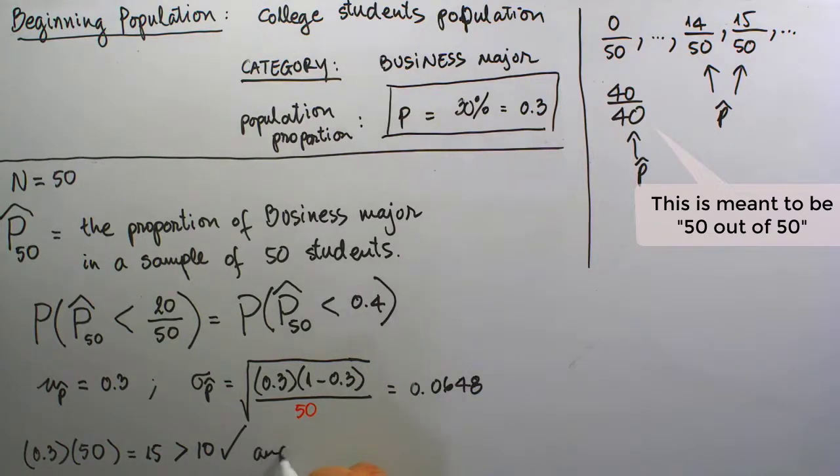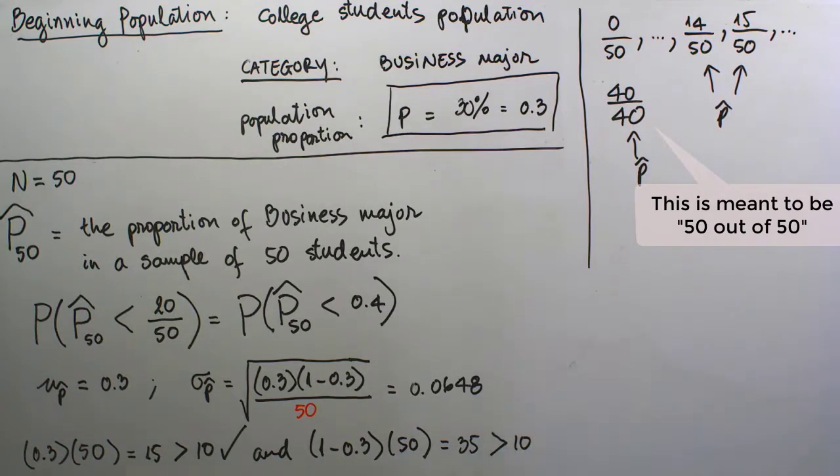And also we need to do the second requirement check right here. So now I'm going to go 1 minus 0.3, which will eventually be 0.7. I'm going to multiply with the sample size that we're currently using for the problem. So this is the same as 0.7 times 50, which will come out being 35, and this once again is also above 10.